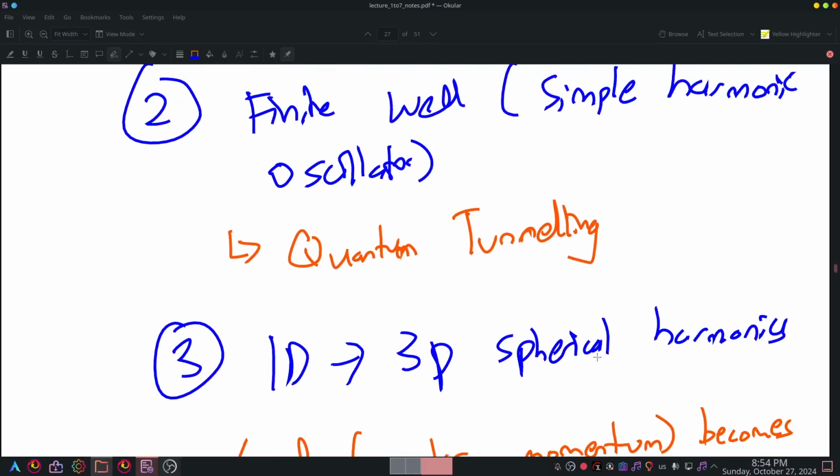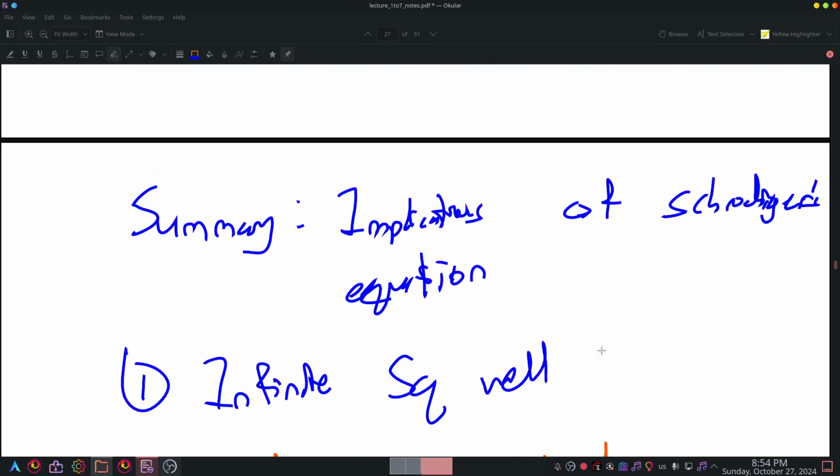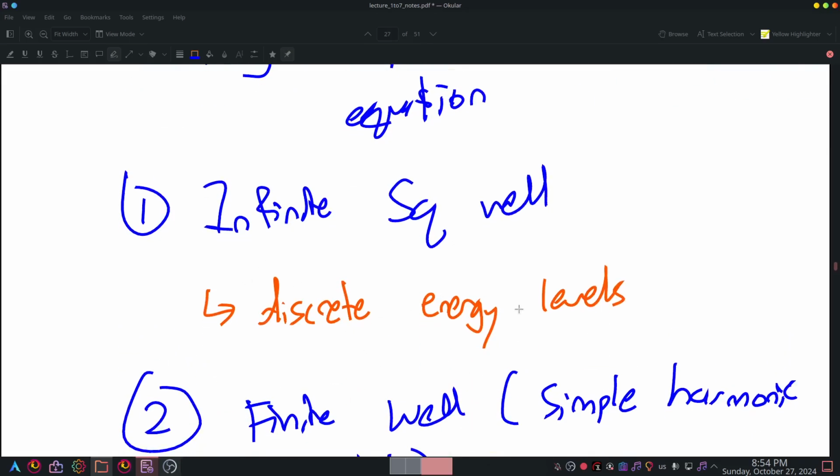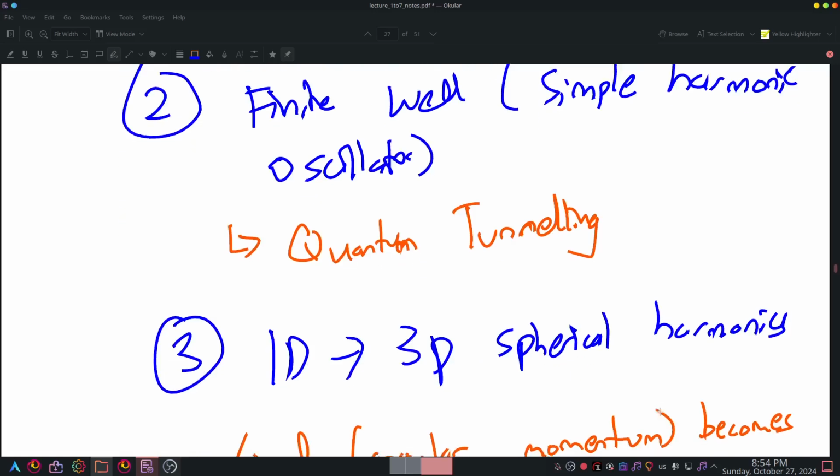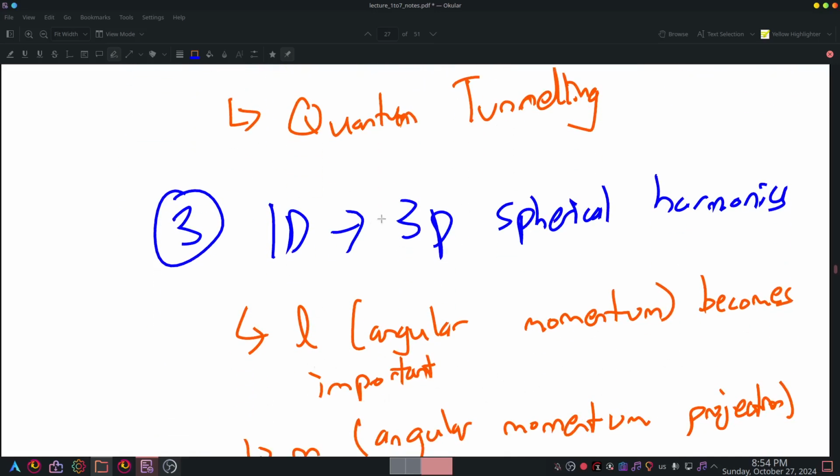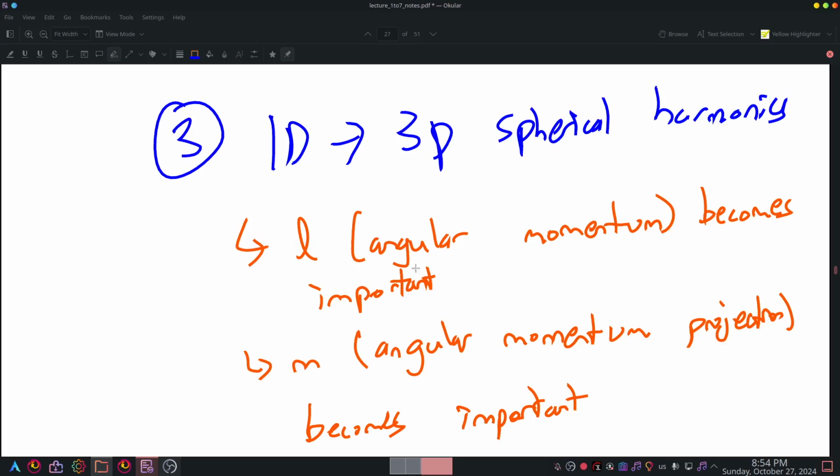So last time we were talking about the implications of Schrodinger's equation. We get discrete energy levels. We have quantum tunneling. In the 3D version, we have important quantum numbers besides the energy level. So the principal quantum number n will determine the energy level.